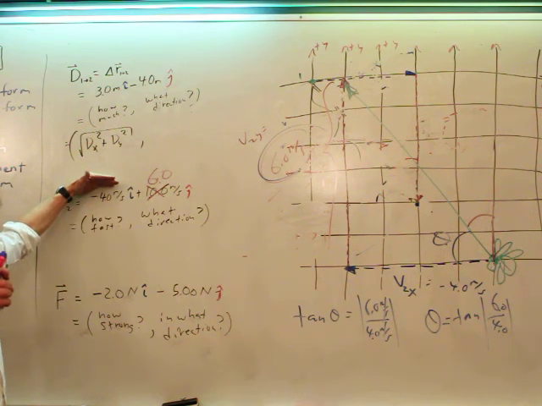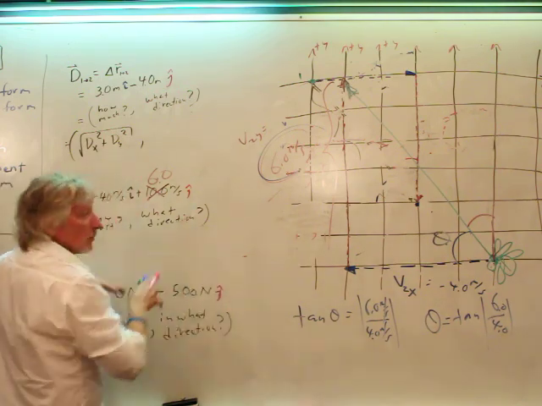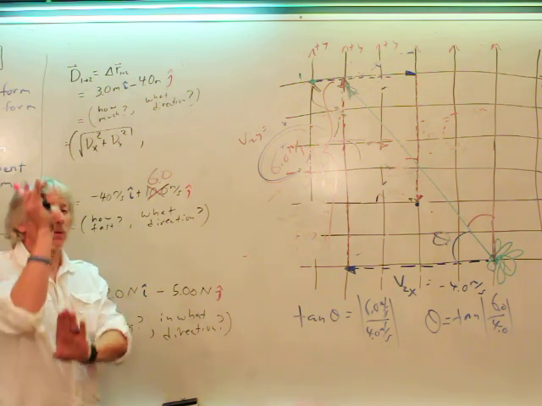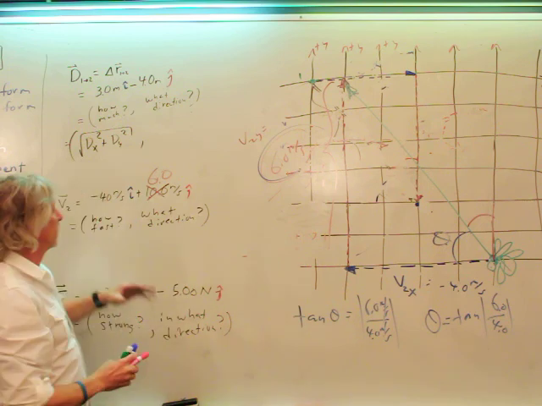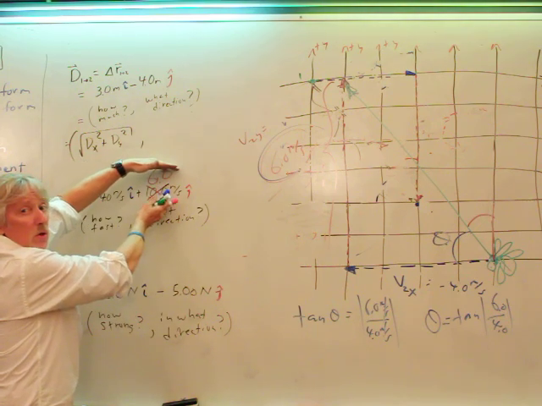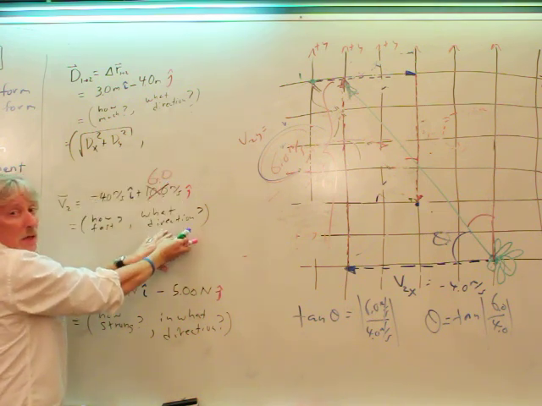Because in order to add or subtract vectors, you have to add or subtract all the parts in the x direction of all the vectors, and then separately add or subtract all the parts in the y direction. Get that combined. Then you've got a combined solution in component form, and you can find out what the result is by the Pythagorean theorem and inverse tangent.